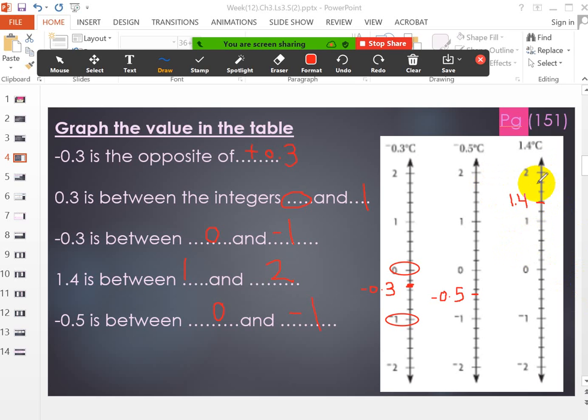Girls, any question about how to locate rational numbers on the number line? Any question or any step you don't understand, please type in the chat. Okay, so the same strategy. Okay, Rina, which number don't you understand here? Negative 0.3 or which number? Negative 0.5. Okay, negative 0.5, as we said, will be between 0 and negative 1.